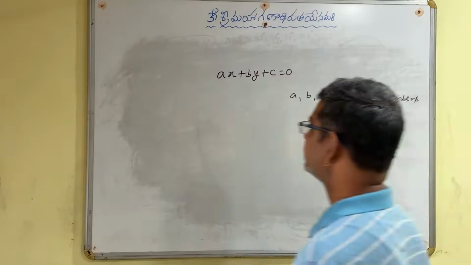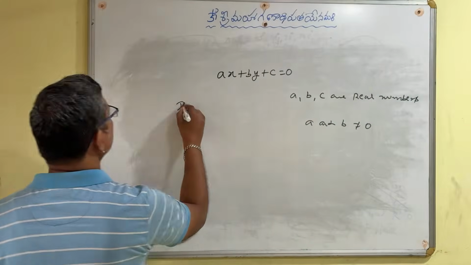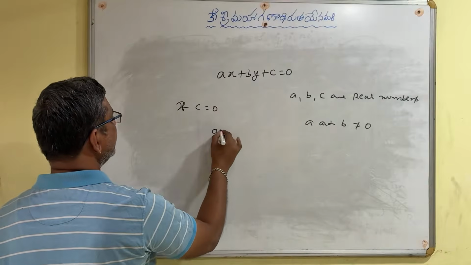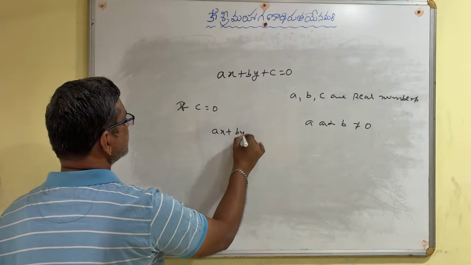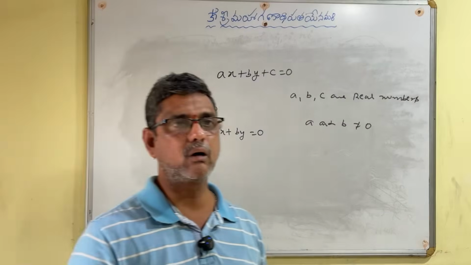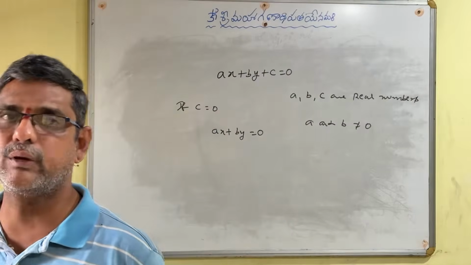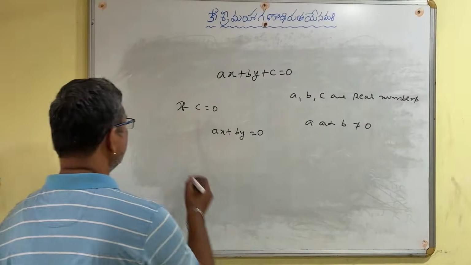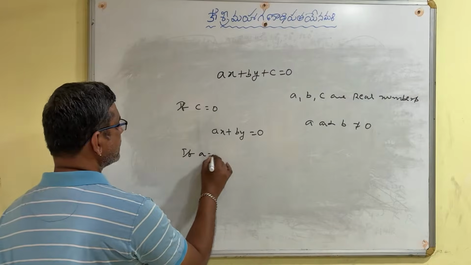What happens if c is 0? We'll be left with ax plus by is equal to 0, which is also a linear equation in two variables. What happens if a is equal to 0?